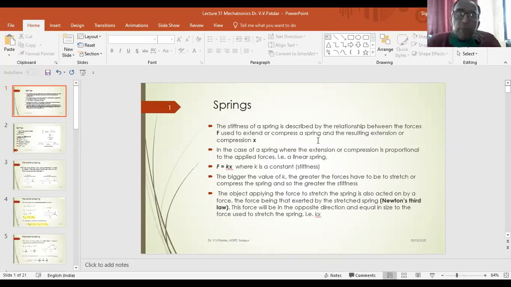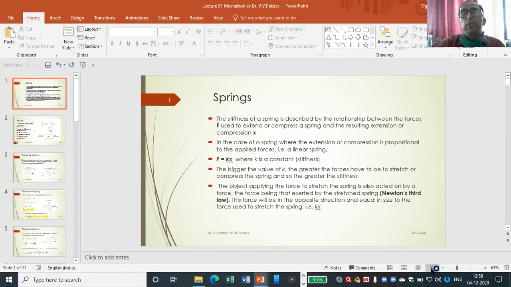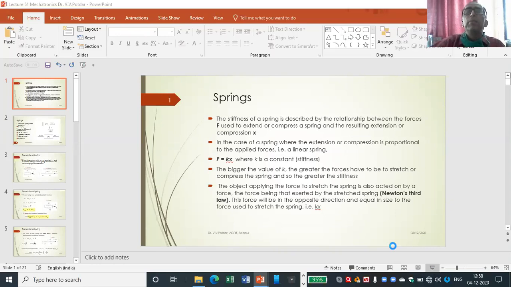To start with, we have springs, which we designate as a spring. As you can see, just try to enlarge this. Spring elements are represented by a coil-like spring.